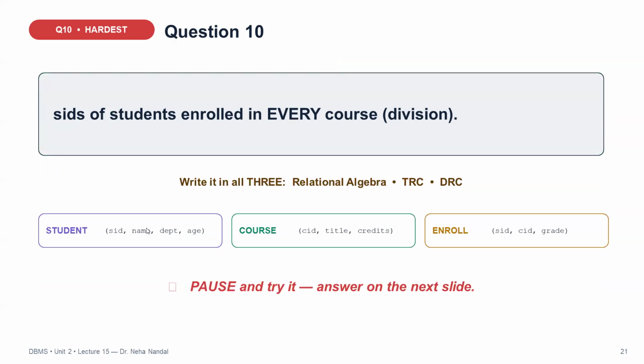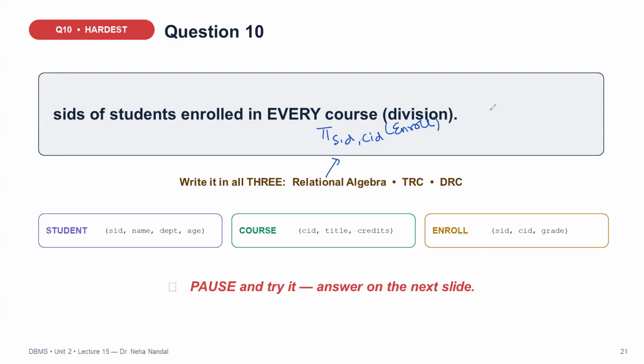Yes. So let us see our last question. SIDs of students enrolled in every course. As we discussed, whenever the term every or all comes, that means it is a division case. It is a division case. So what will happen in this one? Let us see. Algebra division will work in what way? You have to select SID, and because we want to check the course, for that CID, and both are existing only in one table, that is enroll.